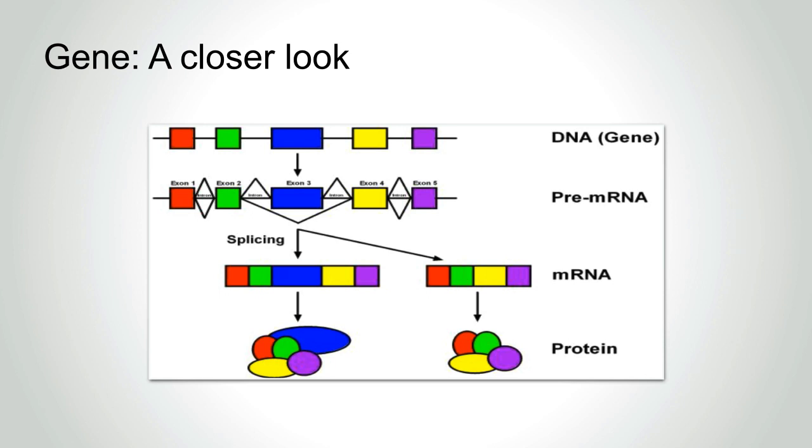So it's important to understand at a very high level how DNA gives rise to protein. As you can see at the top, you have the DNA, and you can see several blocks arranged one after another with some gaps in between.